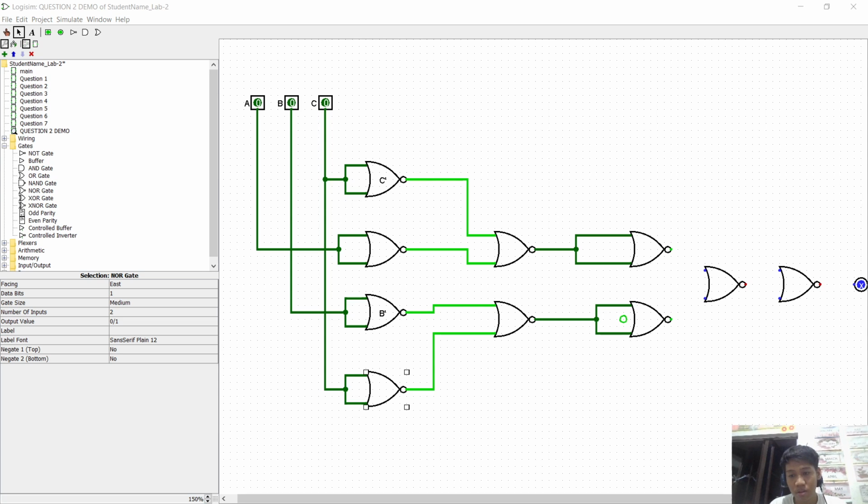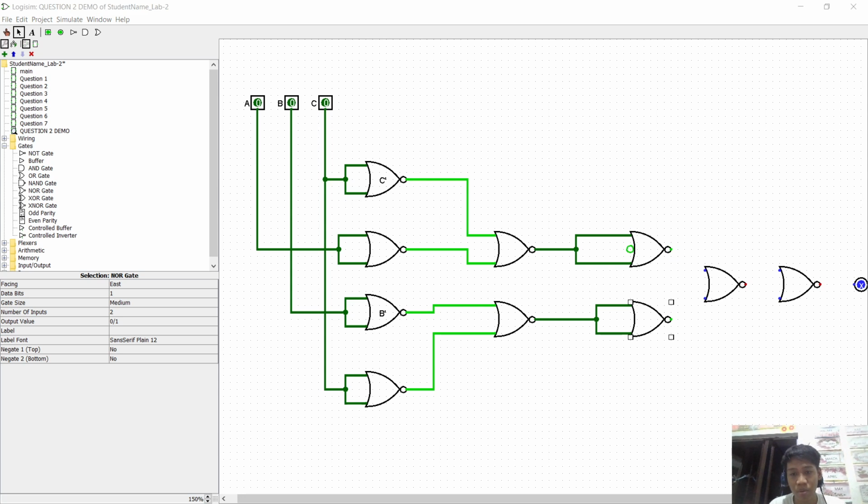The current NOR gate, which is this one in the middle, will be serving as NOR as AND. And there we go, we'll be connecting it to the next.